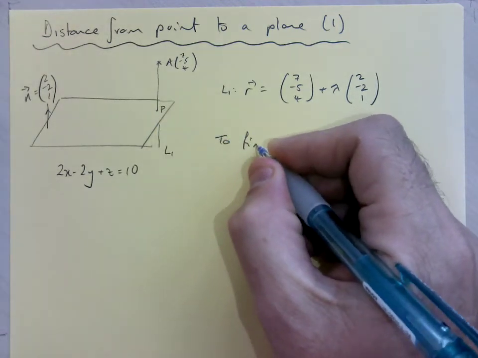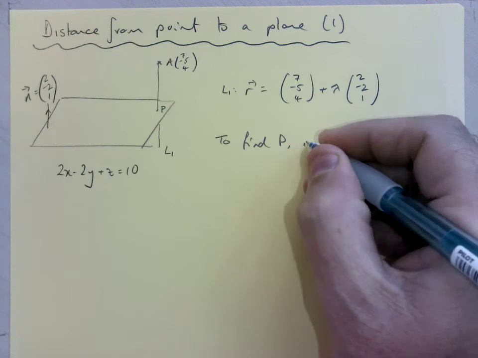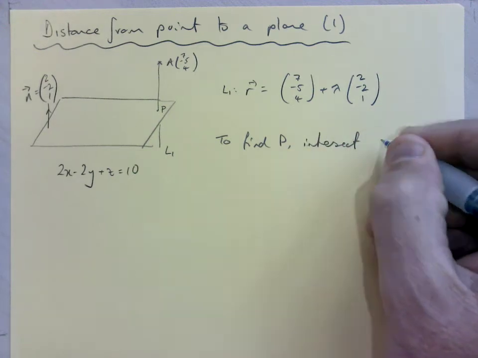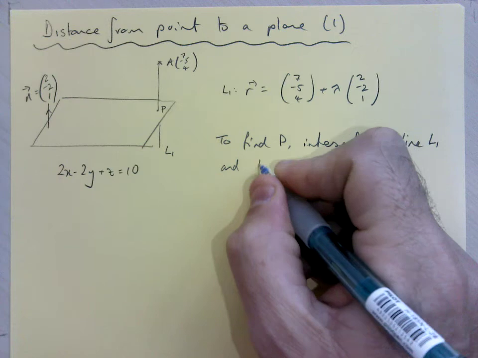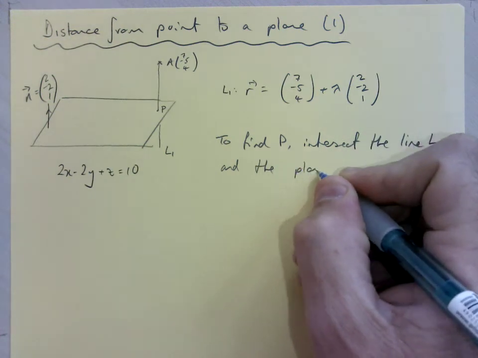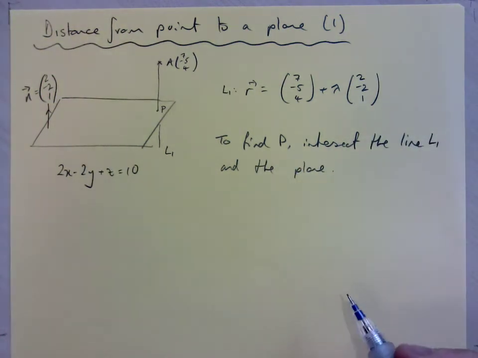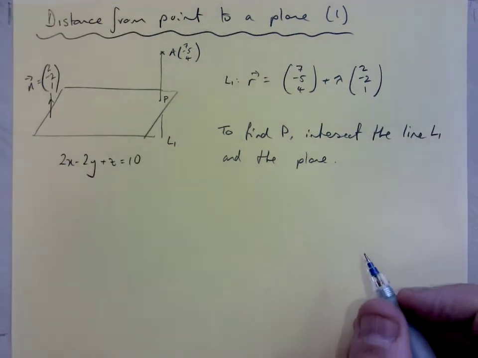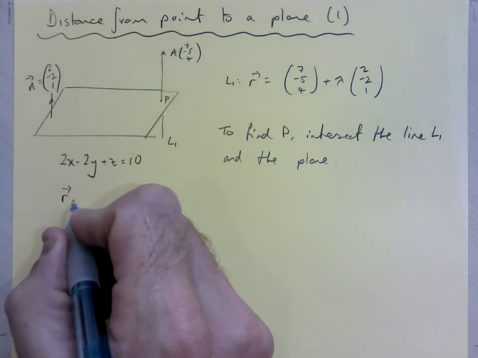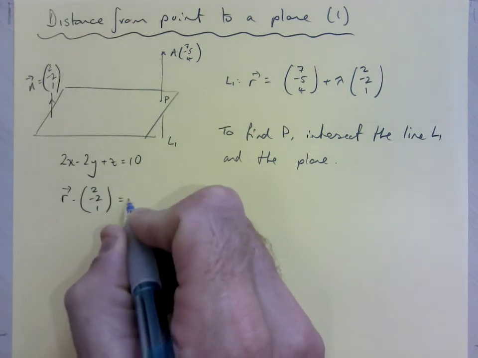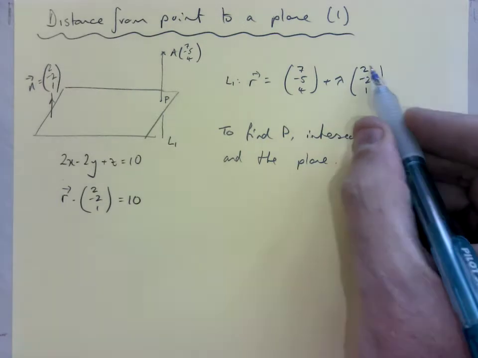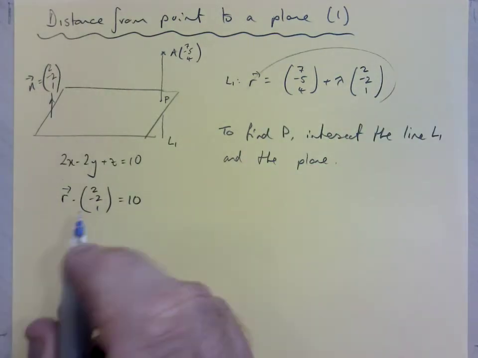So let's just say, to find P, intersect the line L1 and the plane. We've done this before. I know that the plane, I like the r dot n form, r dot (2, -2, 1) is 10. So I'm going to substitute that line into this plane.